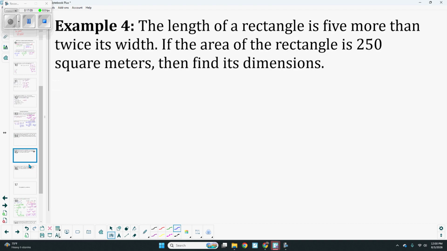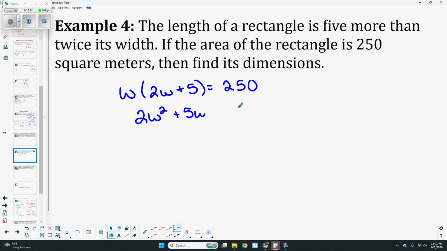Example 4. The length of a rectangle is 5 more than twice its width. The area of the rectangle is 250 square meters. Find its dimensions. So we know that the width is what they've talked about. The length is 5 more than twice it, so do 2w plus 5, and it's equal to the area of 250. So this is going to be 2w squared plus 5w when I distribute, and I'll subtract the 250.